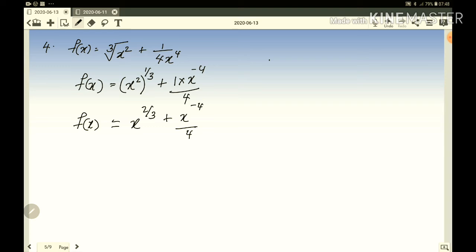Now we can differentiate. So the left hand side becomes f dash x. Right hand side, term by term we can differentiate. You need the power. What is the power here? x with the power 2 over 3. Write 2 over 3 first. Then x to the power 2 over 3 minus 1, plus this one, what is the power of x? Minus 4. Write it. x to the power, same power, minus 1, divided by 4.